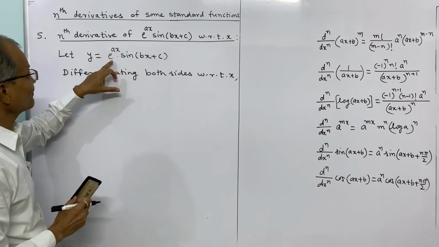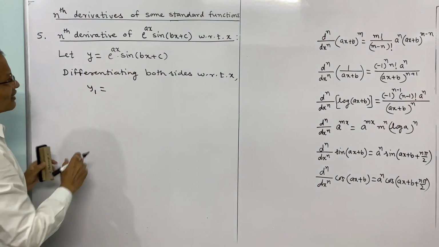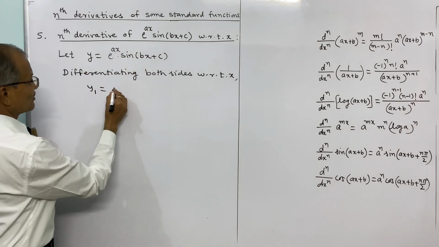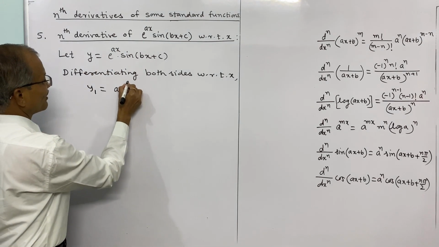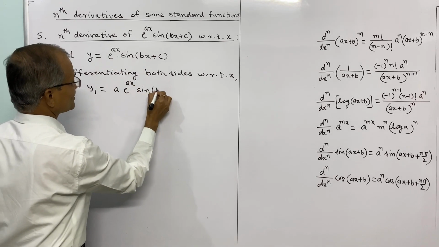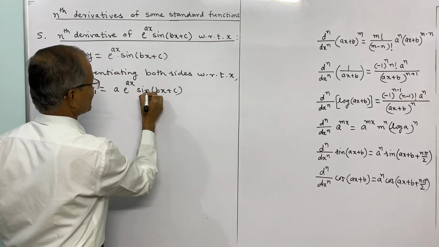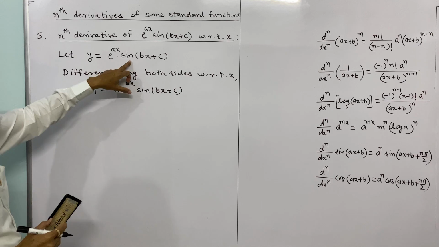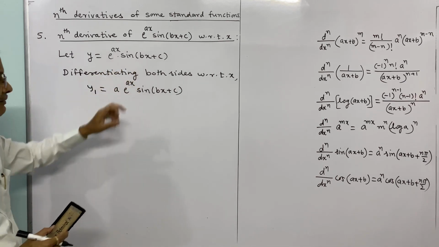What is the derivative of e to the power ax? That is e to the power ax into the derivative of ax, that is a. So it is a e to the power ax. The second function sine (bx plus c) I shall write as it is. Next we keep the first function as it is and write the derivative of the second function.